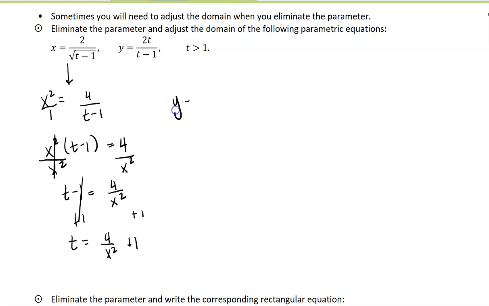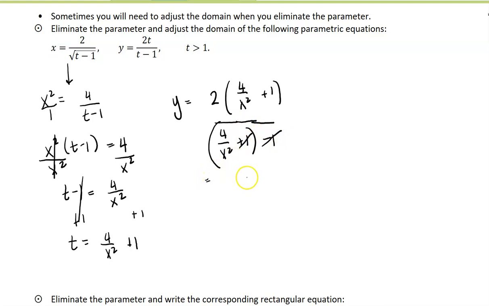Plugging that in, y will be 2 times 4 over x squared plus 1, all divided by 4 over x squared plus 1 minus 1. That's my t there, which of course those will cancel. So I get 8 over x squared plus 2, if I distribute the 2, divided by 4 over x squared. And I'm going to do a keep change flip to multiply this by x squared over 4.